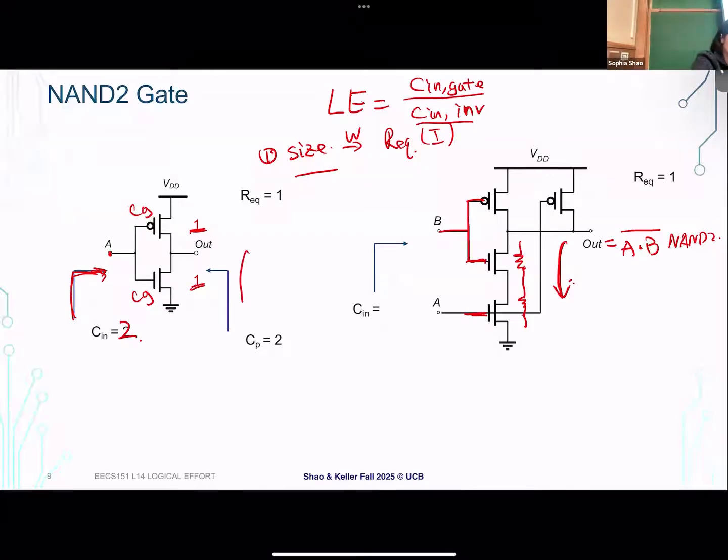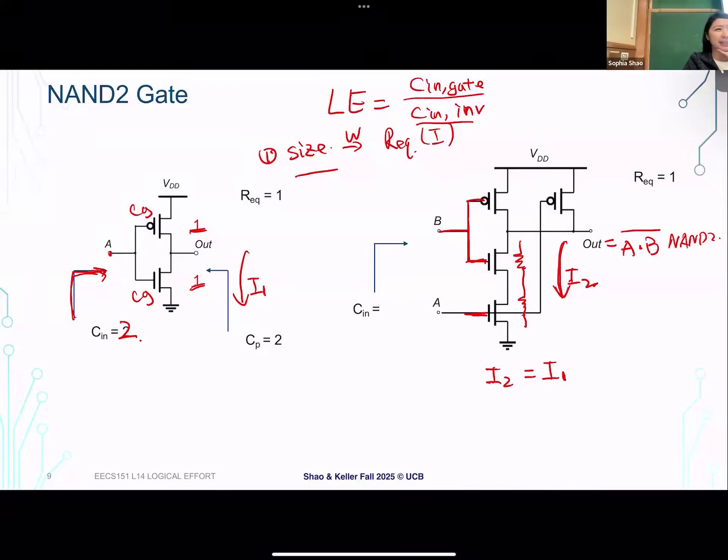But I want to deliver the same current. So this is I1 and this is I2, and I want my I2 to be the same as I1. I want to drive the same current. How should I size the transistor here? Which ratio is the same?